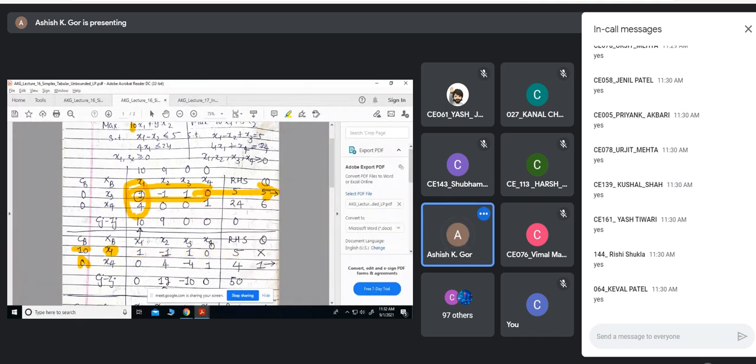Now you see, you apply that formula, right? This is the key column and this is the key row. And if you apply this, this will definitely turn out to be 0. 4 will become 0. 0 will become 0 minus minus 1 into 4 by 1. The old value is 0, for this 0 I am talking. 0 minus minus 1 into 4 by pivot. Pivot is 1, which will be plus 4.